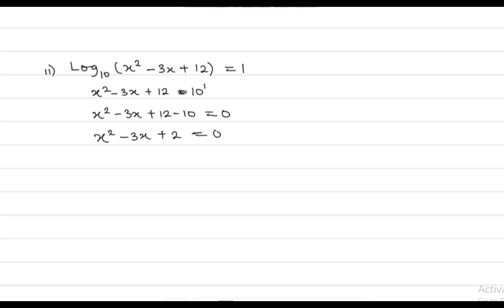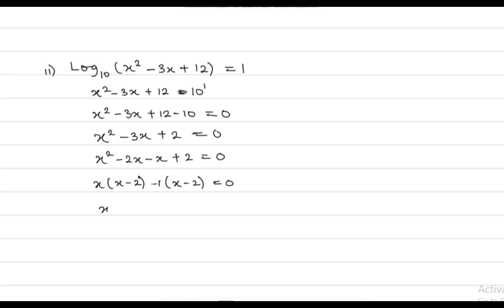This is a trinomial, so this will be x squared minus 2x, trying to make the terms 4 so that we can factorize, minus x plus 2. So we have 4 terms now, and so we can factorize. x minus 2, minus 1 into x again minus 2 being equal to 0.